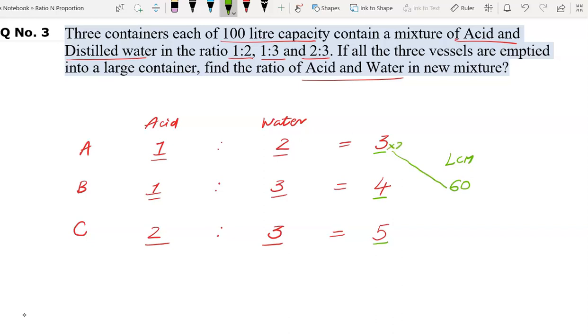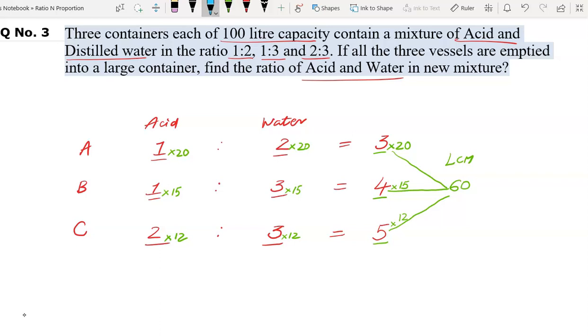So we will multiply this by 20, this by 20 and this by 20. 4 into 15 gives us 60. So multiply this by 15 and this also by 15. 60 divided by 5 is 12. So we multiply this by 12 and this also by 12.